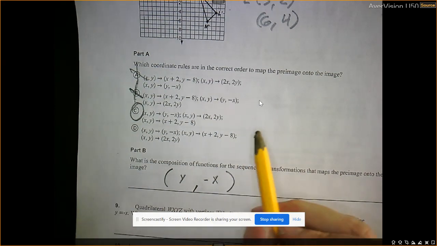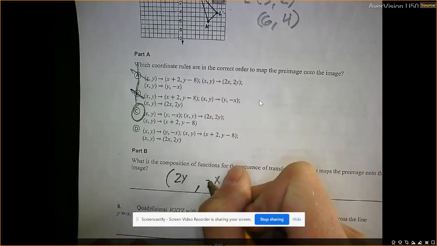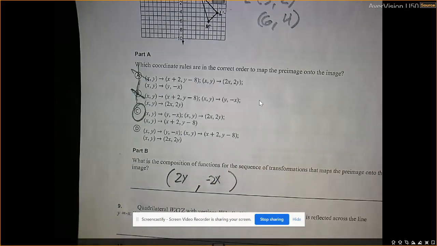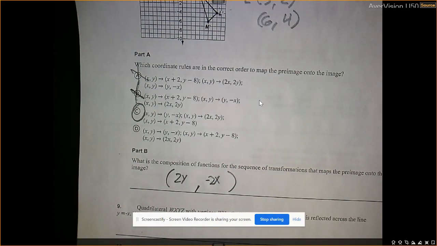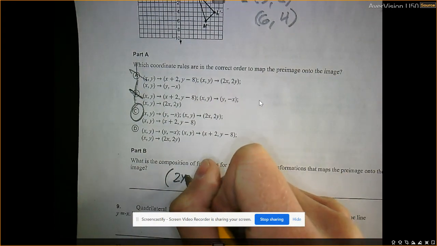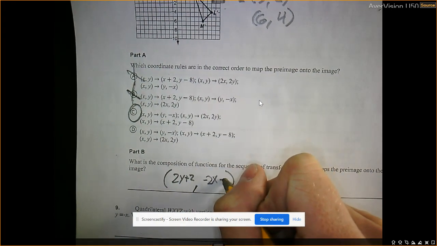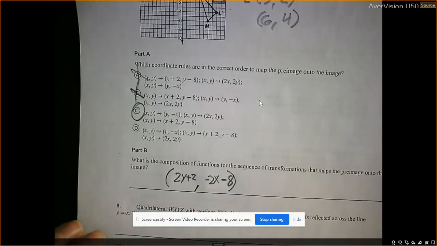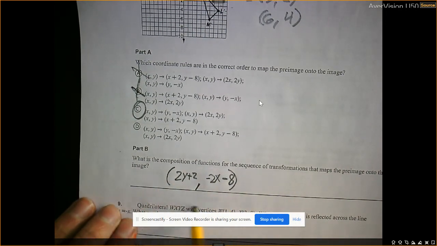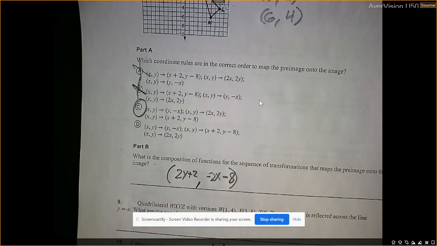Second, we're then multiplying each by 2, and this negative needs to stay out front, so I'm going to fit the 2 right in there. Okay, and then lastly, we are translating going up 2, down 8. Those were the things we did, all in that order. So this is your composition of functions.